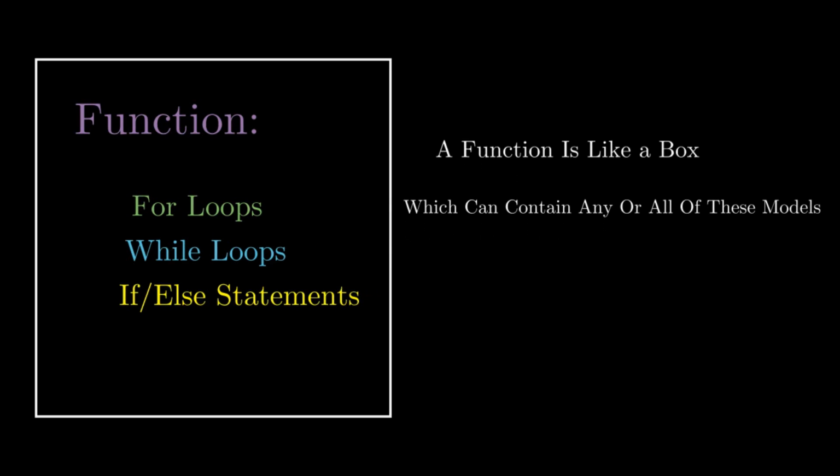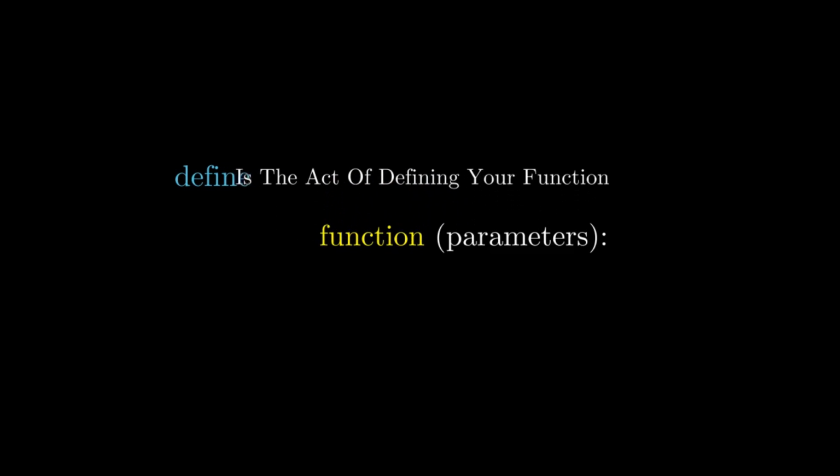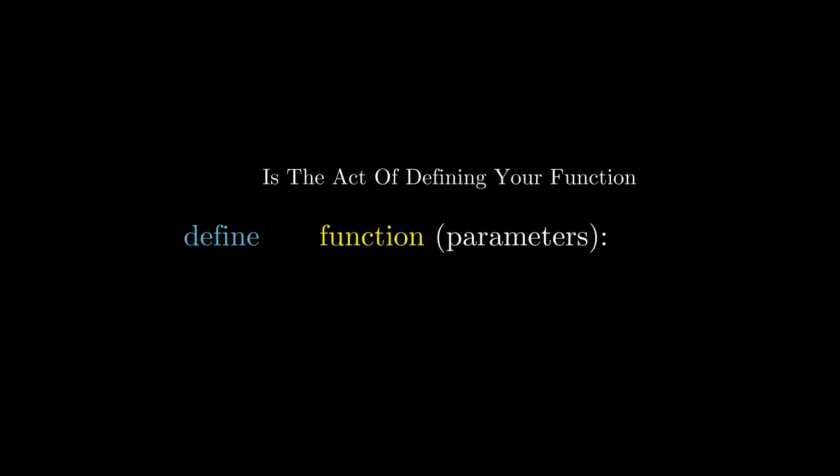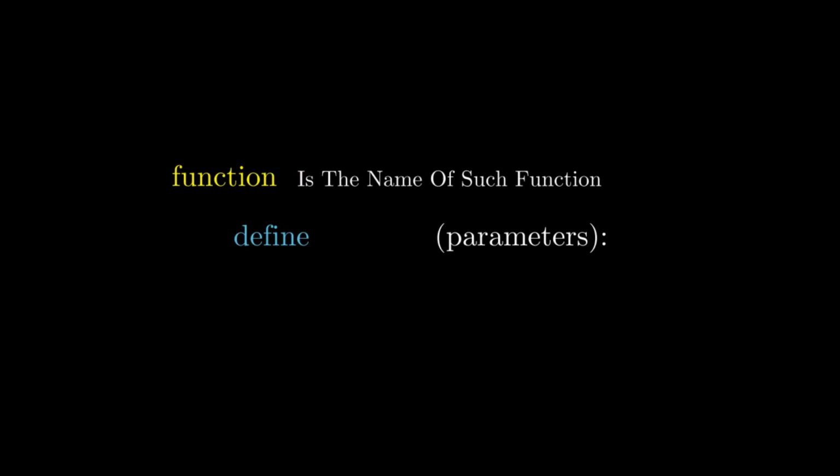In terms of how a function is laid out and defined within Python, it has a representation as such, where define is the act of defining a function or creating it in that matter. Function, on the other hand, acts as the name of the function.